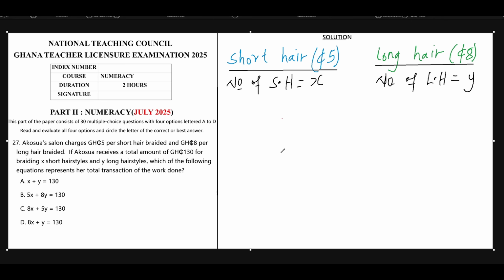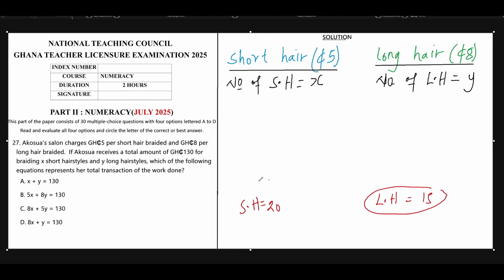So let's say this customer braided 20 short hairs. So the short hairs we have 20, and then the long hairs we have, let's say 15.